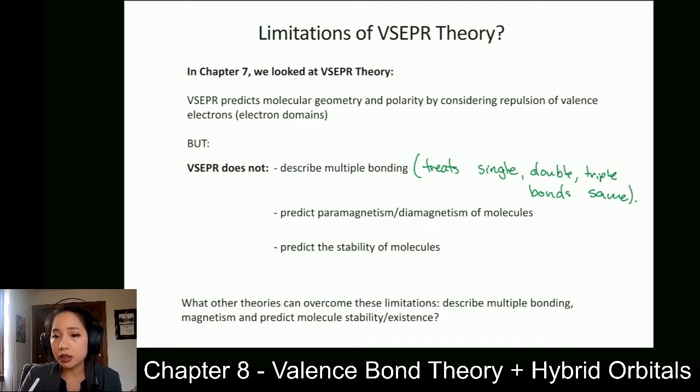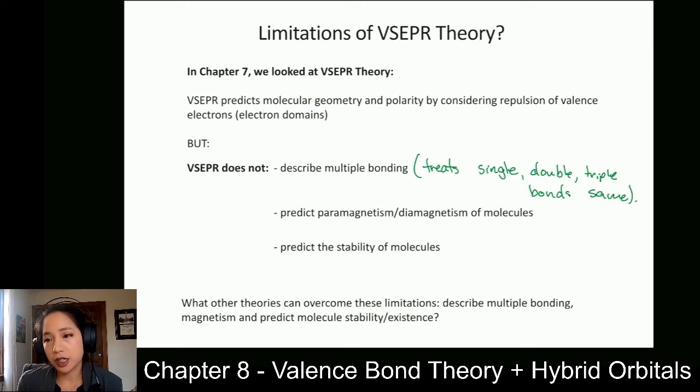We count a single bond and a double bond each as one electron domain, we don't really distinguish between them, because we say that electron density resides in those specific bonds the same. With these advanced theories, we'll now be able to differentiate multiple bonds versus single bonds.